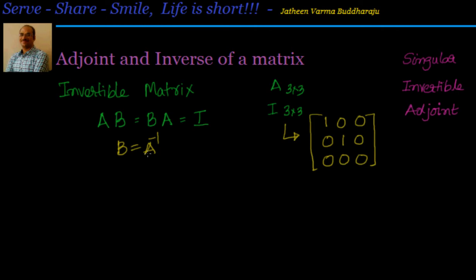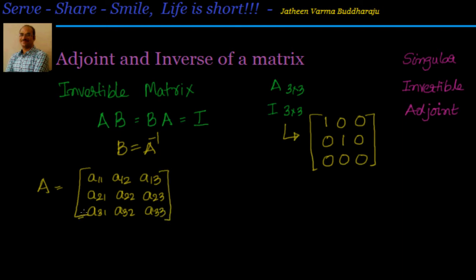Now let us look at ways we can find that matrix, which is the inverse of A. For that, we will take matrix A as A11, A12, A13, A21, A22, A23, A31, A32, A33.